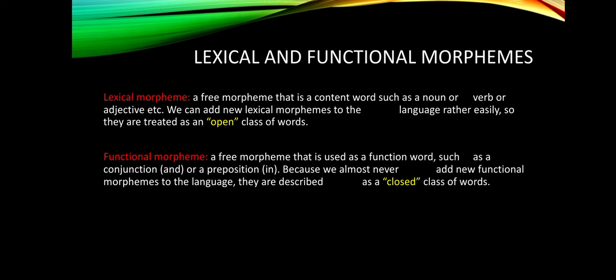Now comes lexical and functional morphemes. Lexical morpheme is a free form that is a content word, either a noun or verb or adjective. We can add new lexical morphemes to the language rather easily. So they are treated as open class of words. We can say that these words carry some message.